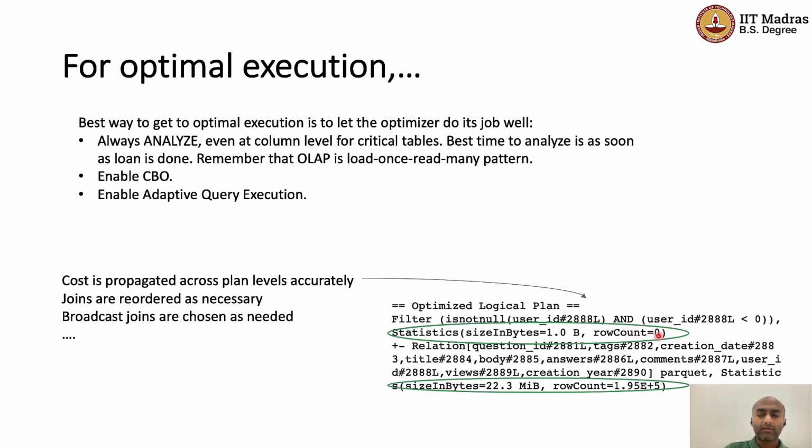Therefore, the row count is 0, and the size is like 0, a constant, like one byte. So this info is available at planning time. It doesn't need adaptive query execution for this. And why is this available at planning time? Because of the analyze step. So it makes it very conducive.